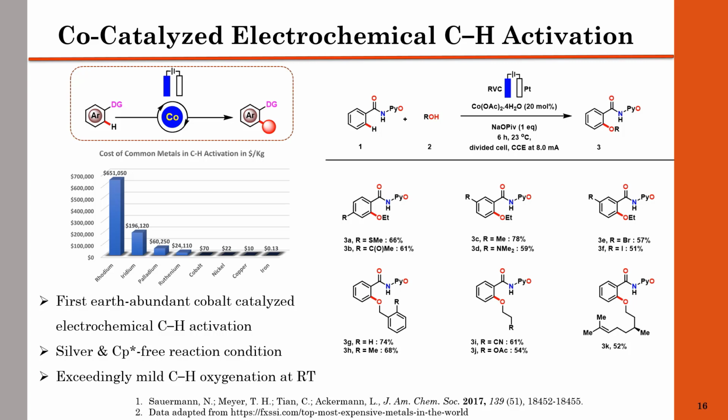With this, actually, this is the first electrochemical approach for cobalt-catalyzed C-H functionalization. You can see they have used electrochemistry to access this C-H bond, and they end up with different kinds of ether derivatives using this strategy.